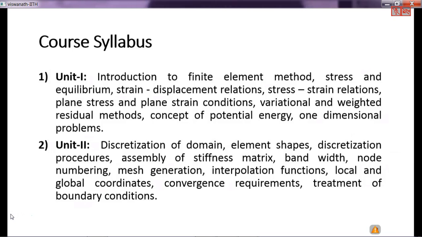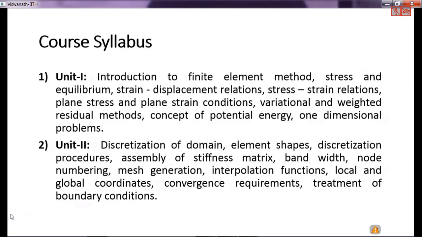So one can show that the variational methods or weighted residual methods would eventually lead to writing your equilibrium equation in terms of energy. And that principle of virtual work is also the same as the weak form or residual form or variational form, all these forms are similar.